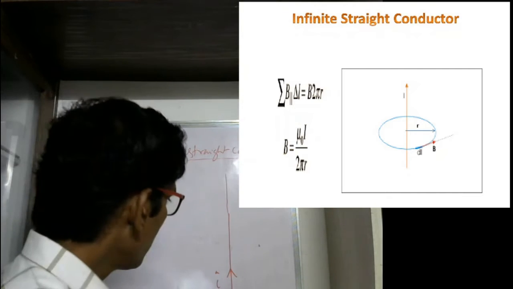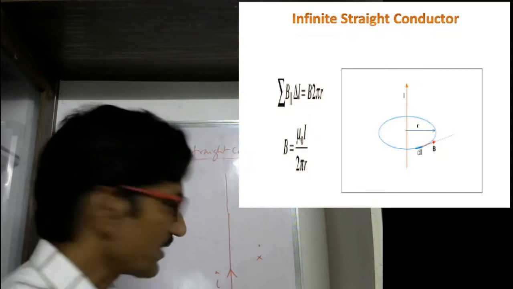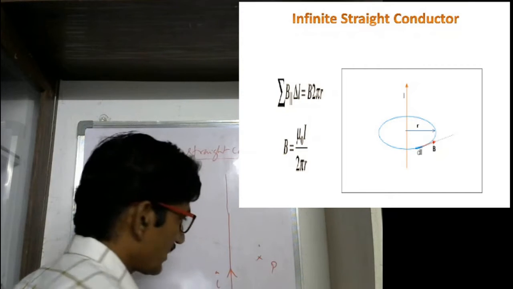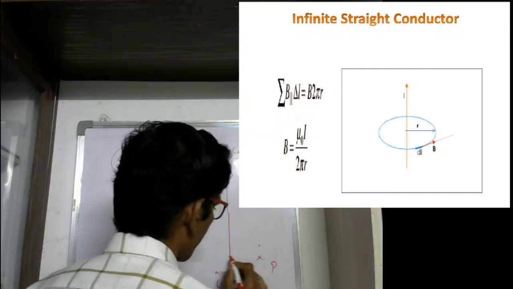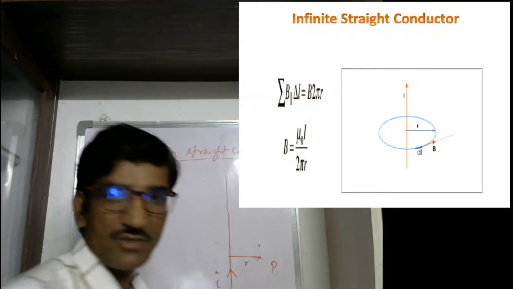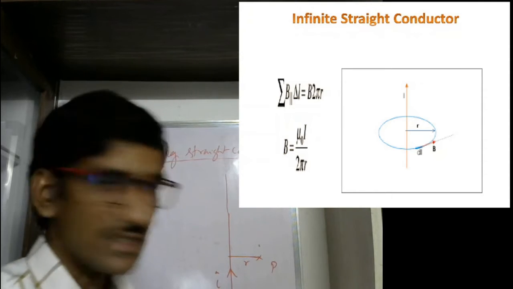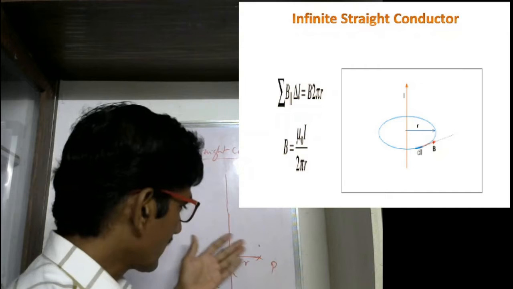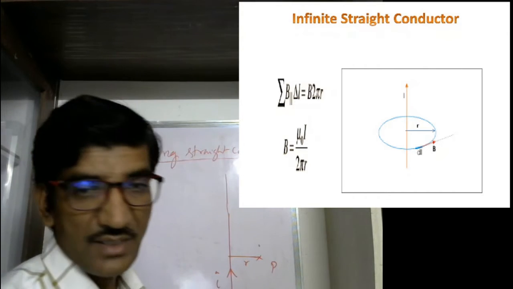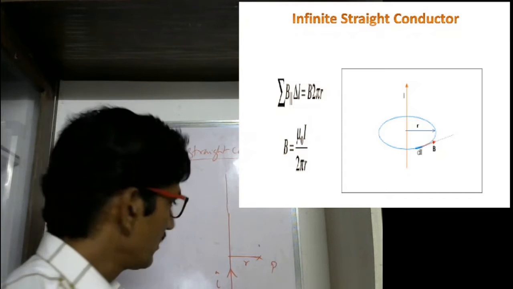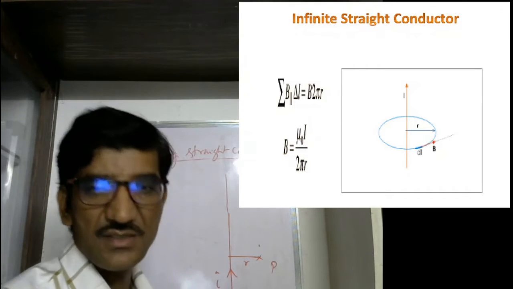Suppose that you want to find the induced magnetic field at this point or at this point. Suppose your point is at the perpendicular distance r from the wire. You may take the point either on the left or on the right, but what you have to see is that the perpendicular distance is r.